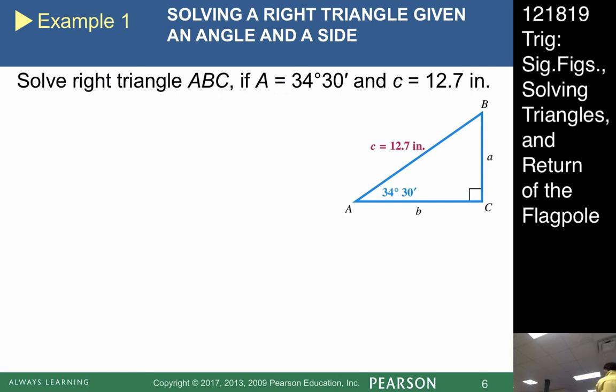All right? How would you go about doing that? What do you think? Let's start with that. So how would you do that? We have two of the angles already, so you can just subtract from 180.